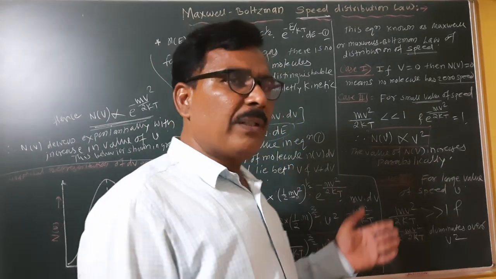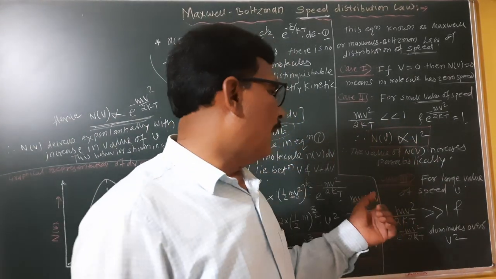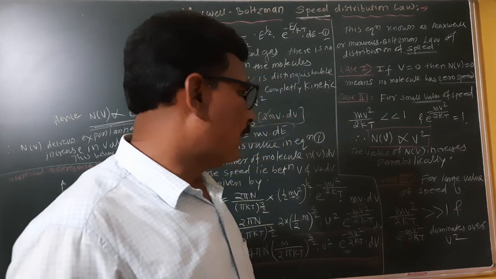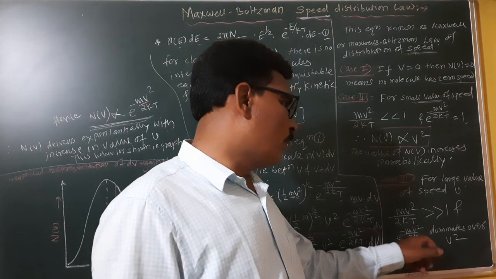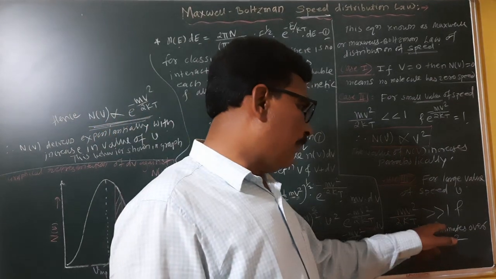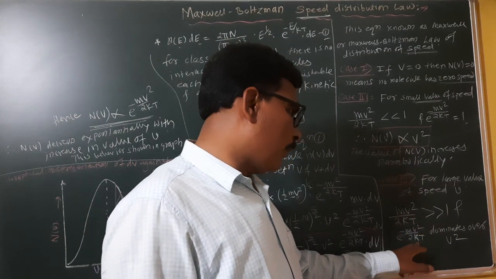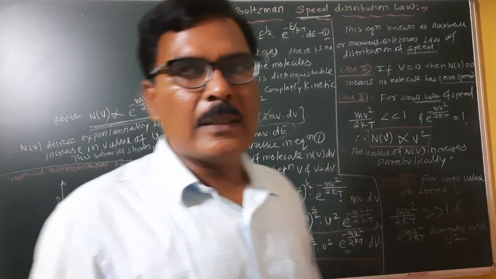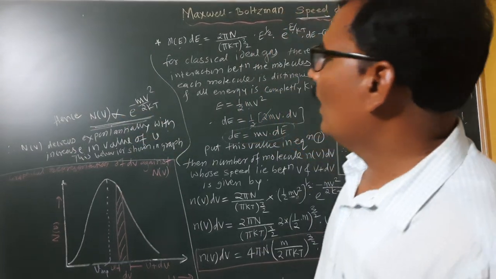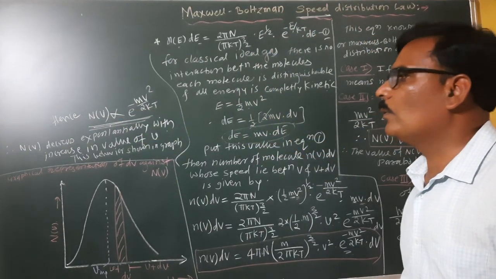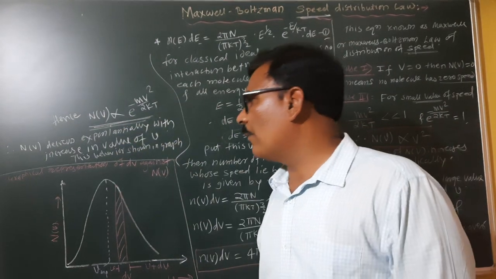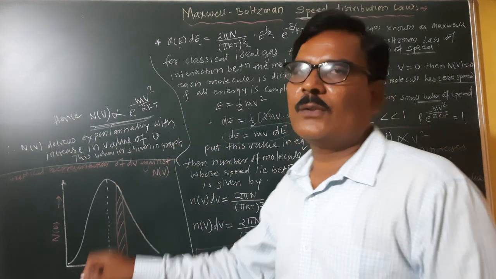And then if the speed is of larger value, at that time mv square upon 2kT is very much greater than 1. Then e raised to minus mv square upon 2kT dominates the v square. So when e raised to minus mv square upon 2kT dominates the v square, the graph changes so that n(v) is directly proportional to e raised to minus mv square upon 2kT. This means n(v) decreases exponentially with increasing value of v, and the behavior of the graph is as shown in the figure.